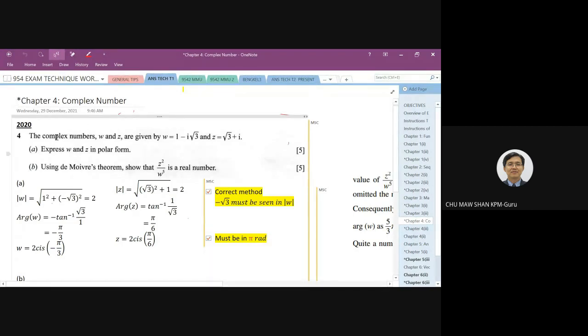Okay, you see number 4. The complex numbers W and Z are given, express W and Z in polar form. So you have to look for the modulus and the argument. When you look for the modulus, you look carefully. Saya di sini, I sub 1 square and negative sub 3, tengok.